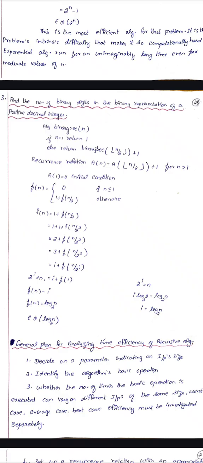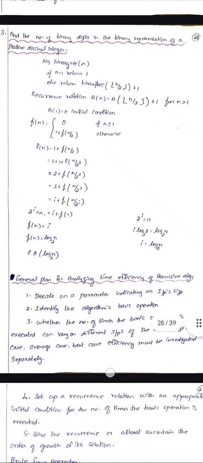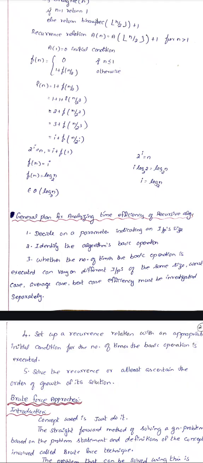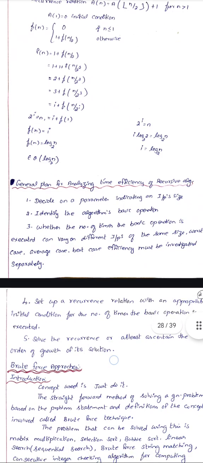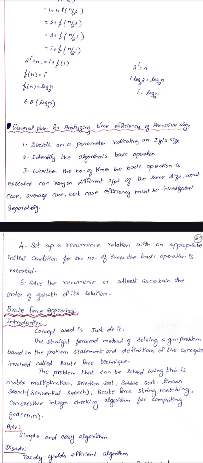That will give you, instead of n, we will write it as 2 power i equals n, means i log 2 to the base 2, that is log n to the base 2, i equals log n to the base 2. That is theta of log n.